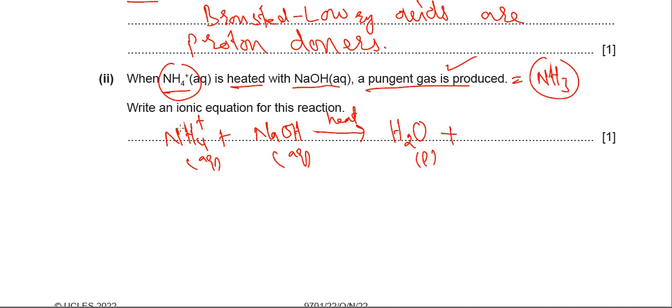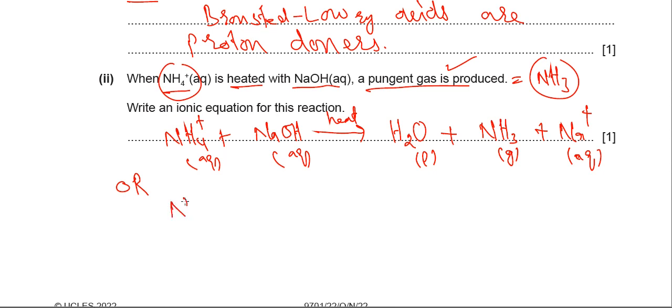Plus, as one of the hydrogens is removed, the ammonium ion turns into NH3, ammonia gas. The rest, sodium, is a spectator ion. We can write it as it is, sodium ion, staying in aqueous solution. As it is a spectator ion, you may remove it if you wish.